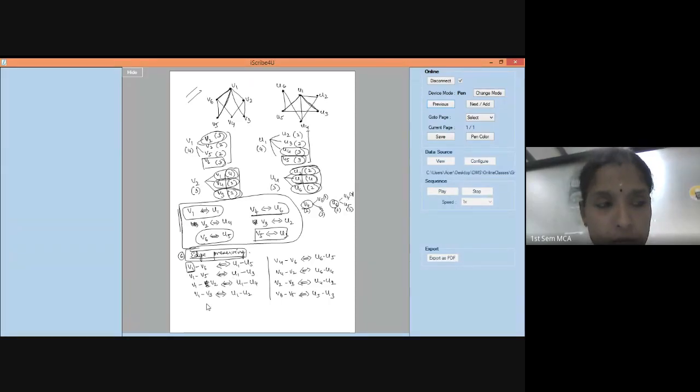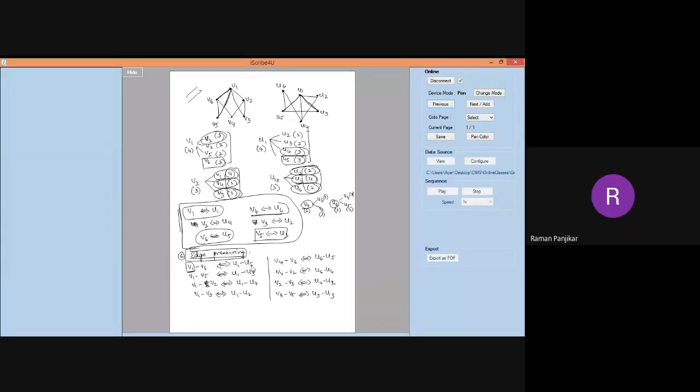Have you done that? Yes, ma'am. Do you have the edge V1, V6? For V1, V6 is what I'm saying. What is the equivalent vertex of V1? It is U1. Equivalent vertex of V6 is what? U5.